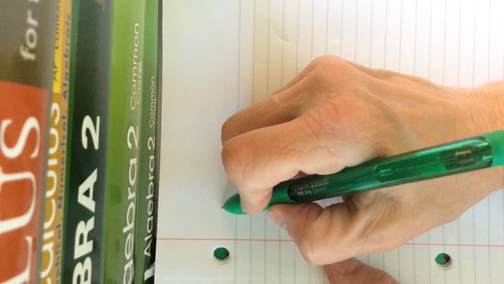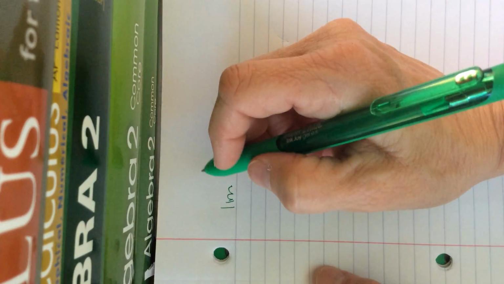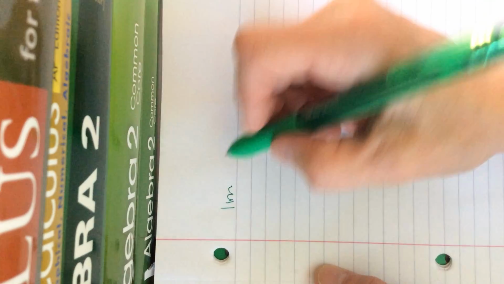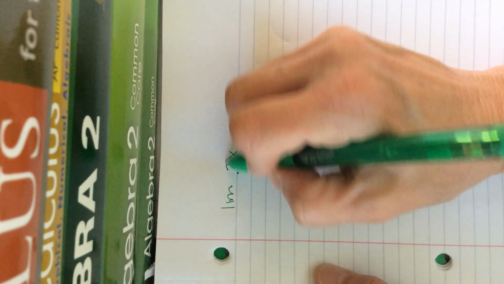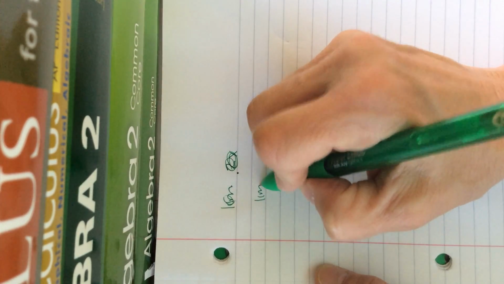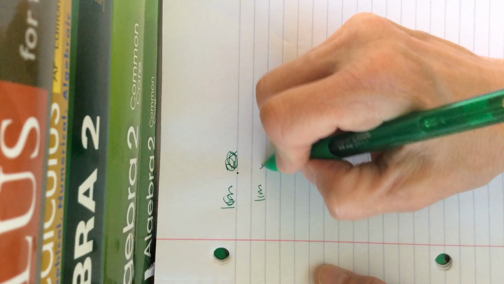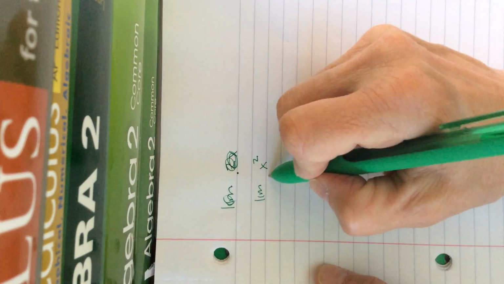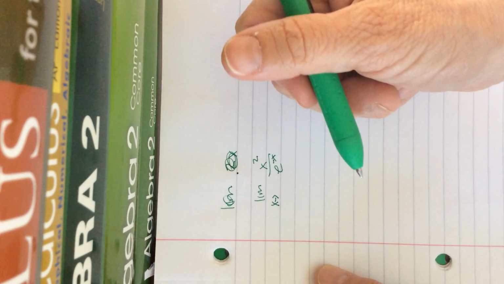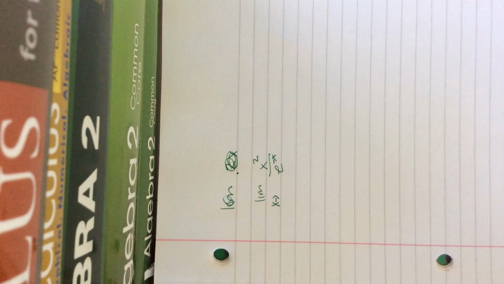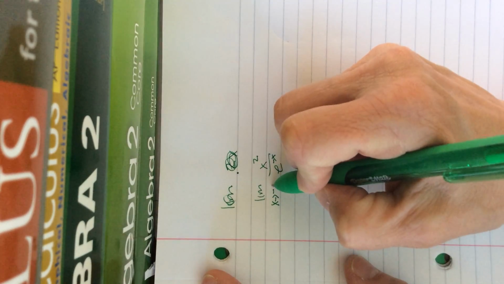So my example here is the limit of 2x. No, it's not. I lied. Sorry. It's the limit of x squared over e to the negative x as x approaches negative infinity.